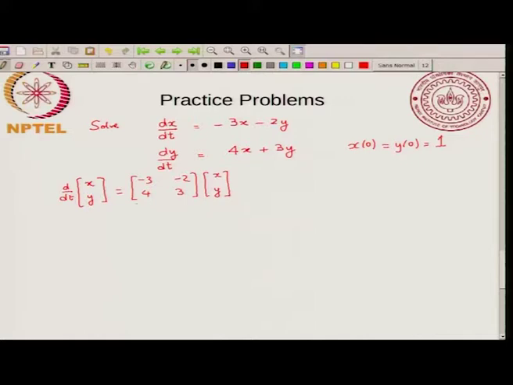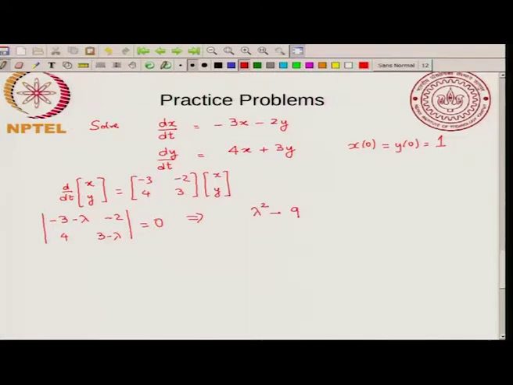So, to solve for eigenvalues we use minus 3 minus lambda. So, this determinant, minus 3 minus lambda, minus 2, 4, 3 minus lambda, this determinant should be equal to 0, and that implies, so minus 3 into 3 is minus 9, then I have minus 3 into minus lambda, so that is 3 lambda, and I have 3 into minus lambda, so that is again minus 3 lambda, so that will cancel, and then I will have lambda square.